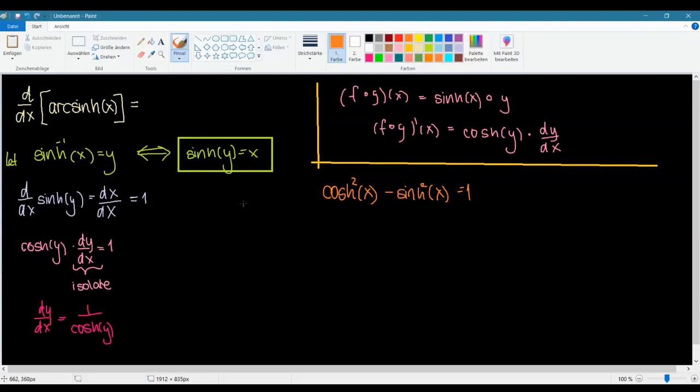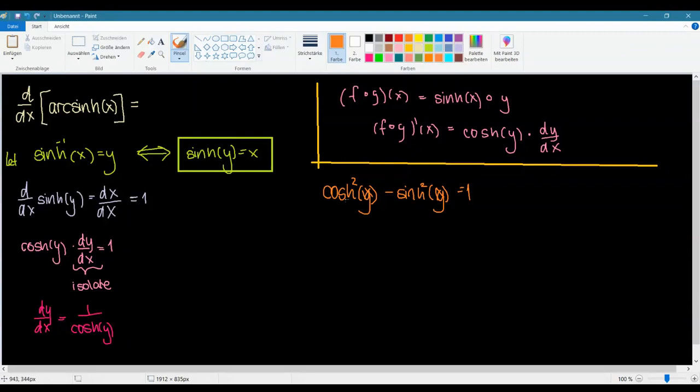Well, we know that we've got hyperbolic cosine y here. For all intents and purposes, we can just write a y here. It doesn't matter what it is. The identity is true no matter what the variable is. It doesn't look very good, but you get it.